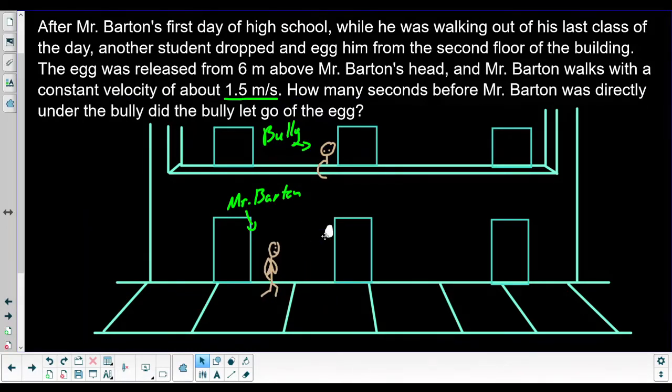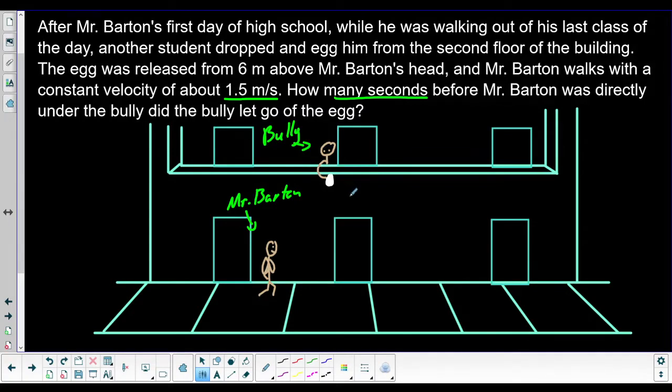So what we want to know is how much time, how many seconds before I'm directly under the bully did the bully need to let go of the egg to hit me? Because if I'm right under, it's not going to hit. So we have to work backwards a little bit. What we need to do is set up some physics equations. There are two things here, right?